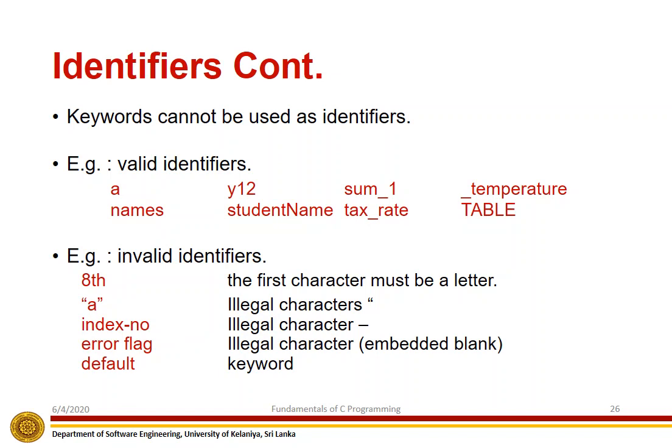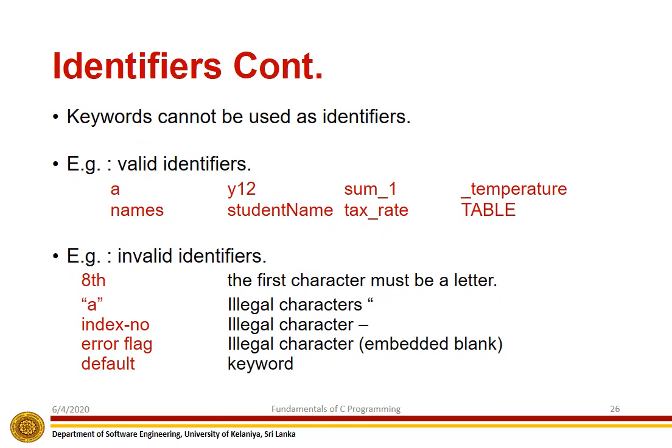Now we will see some examples of valid and invalid identifiers. First, valid identifiers: simple a, simple y2l, sum underscore 1, underscore temperature, names, studentName where N is capital, tax underscore 8, capital table. All are valid identifiers.